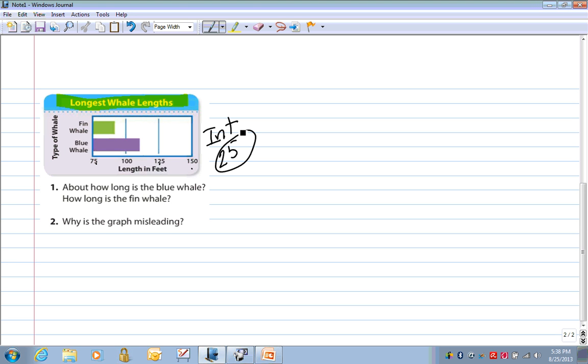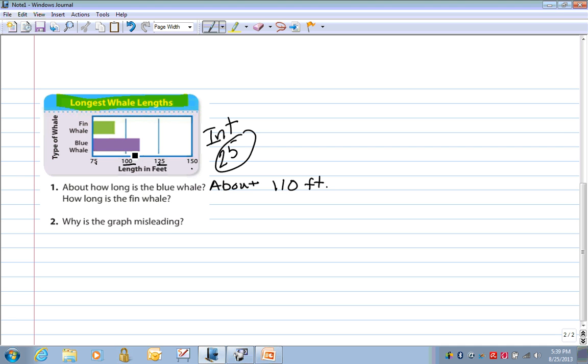So they want to know about how long is the blue well. Well, if we have 100 here and 125 here, I would say a good guess for that well is about 110 feet.